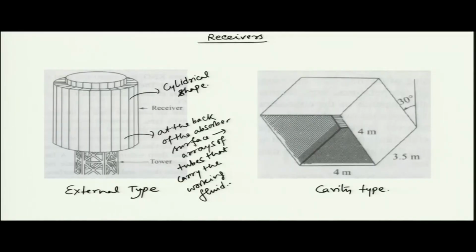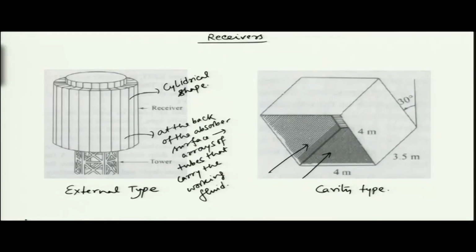Okay. And in case of cavity type, what you have? You have not the external surface, but you allow the concentration happening inside a cavity. So, a small cavity is there through which all the rays go inside, and there you have this array of tubes carrying the working fluid.